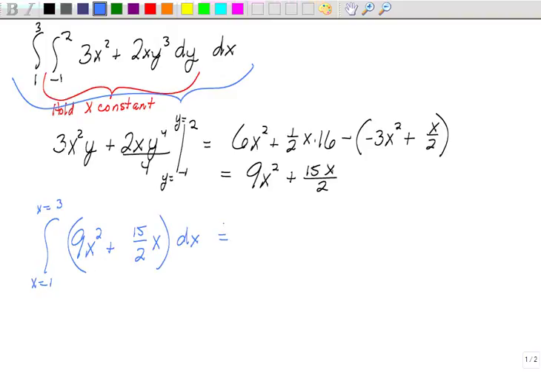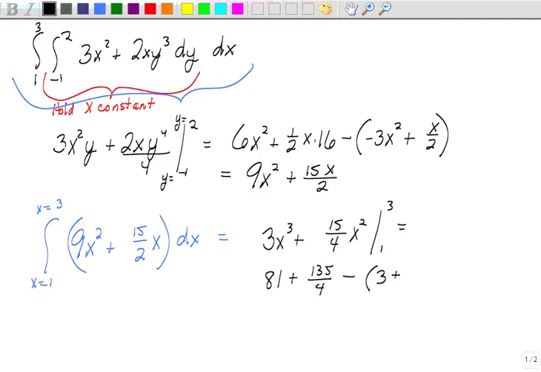And that's going to be 3x cubed plus 15 x squared over 4. That's 81 plus 135 over 4, minus 3 plus 15 over 4.